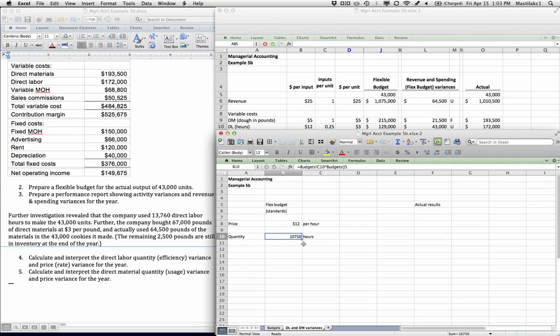It's probably the most difficult concept in all of the variances. It's easy for students to confuse this with different things, but really we want to know what SQ is: the standard quantity or budgeted quantity of an input that should have been used to make the actual output.